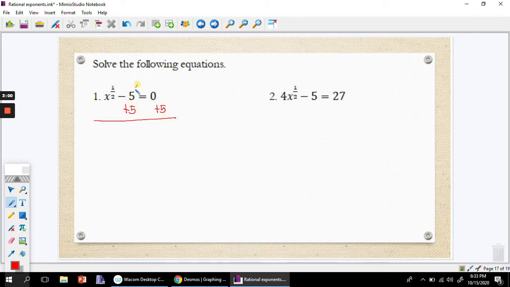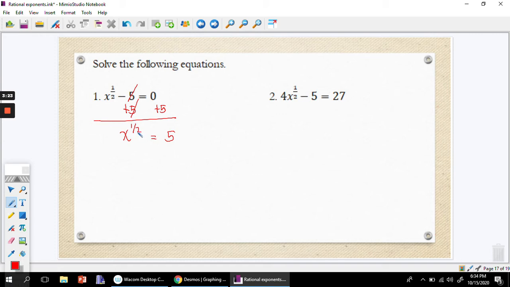So this becomes 0. So you have x raised to 1/2 is equal to +5. And then this is not yet the final answer because you still have exponent 1/2. So we have to eliminate this also. Now this is a rational exponent. This is a fraction. So how do we eliminate fractional exponents?